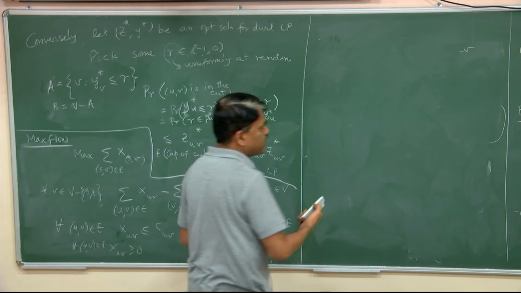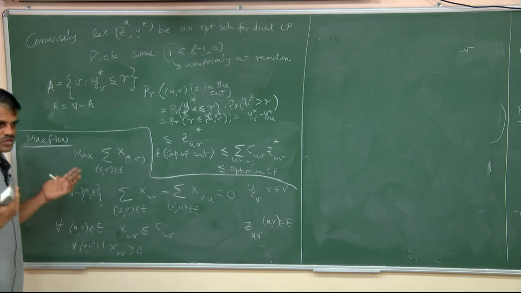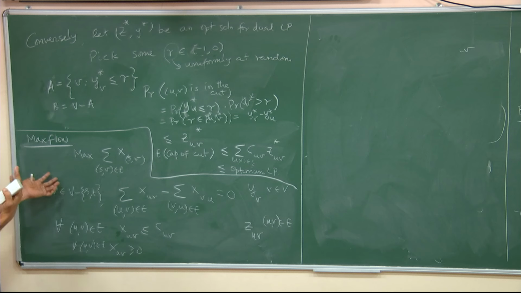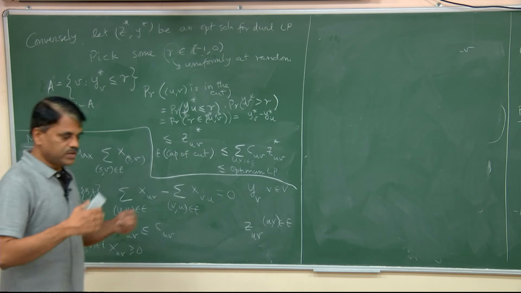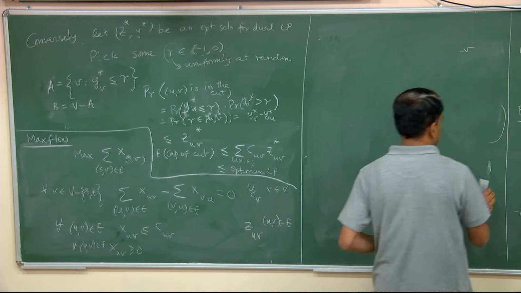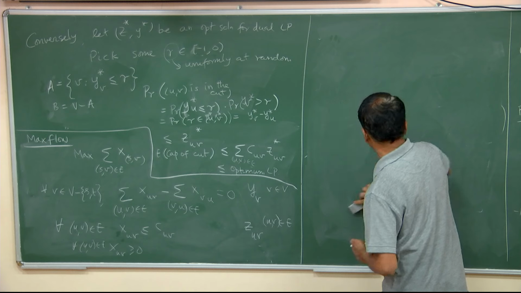Because of the strong duality theorem, you know that at optimality the max value of the primal and the min value of the dual are the same. So max flow and min cut values are the same. And similarly, in bipartite graphs, maximum matching is equal to minimum vertex cover.